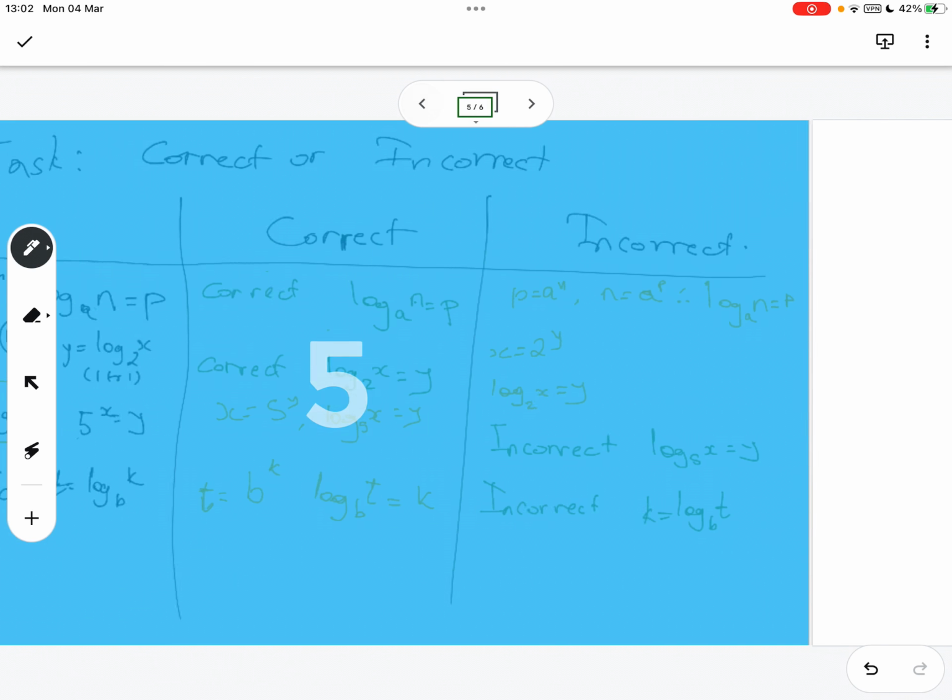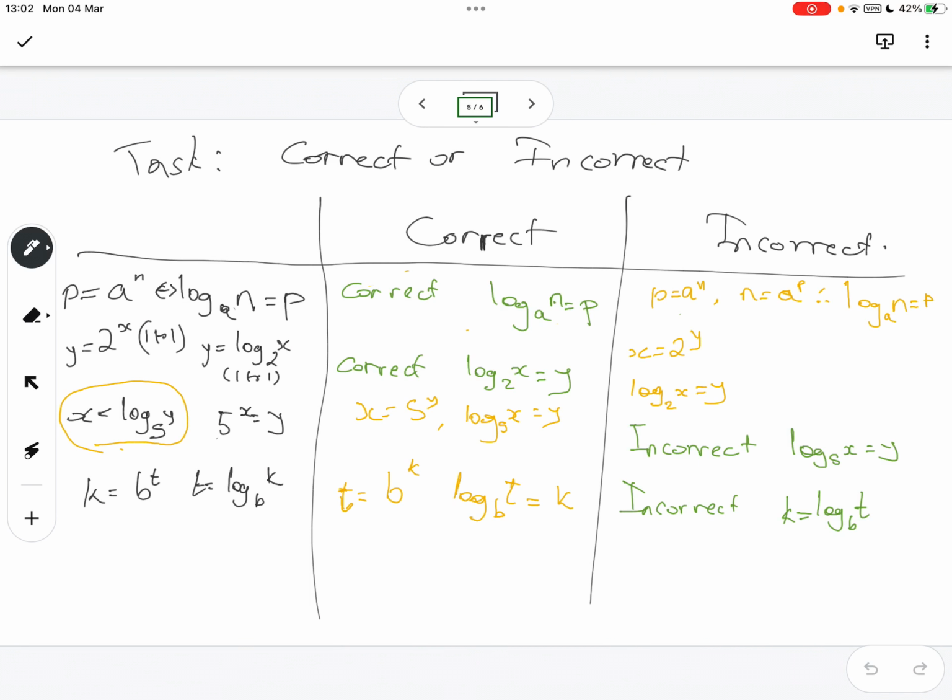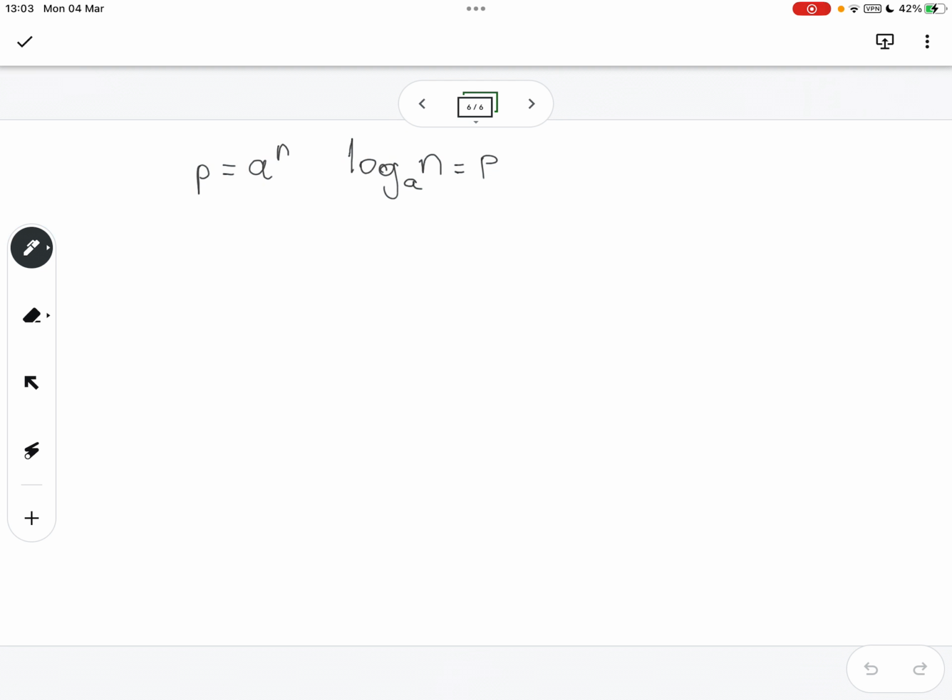It's p equals a to the n, and we wanted to prove that its inverse is log n base a of p, right? Alright, so what does the proof say? It says we take log on both sides. So log p is log a to power n, isn't it?